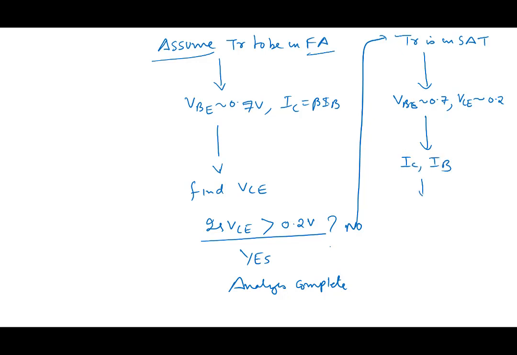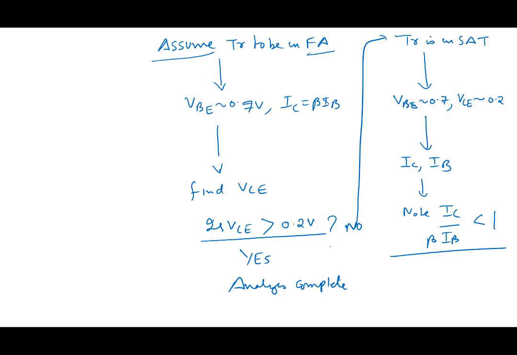And note IC by IB into beta would be less than 1. Note that when you do in saturation, you will always find that this is less than 1. Okay, that's a general method of analysis of DC analysis of any of those circuits.